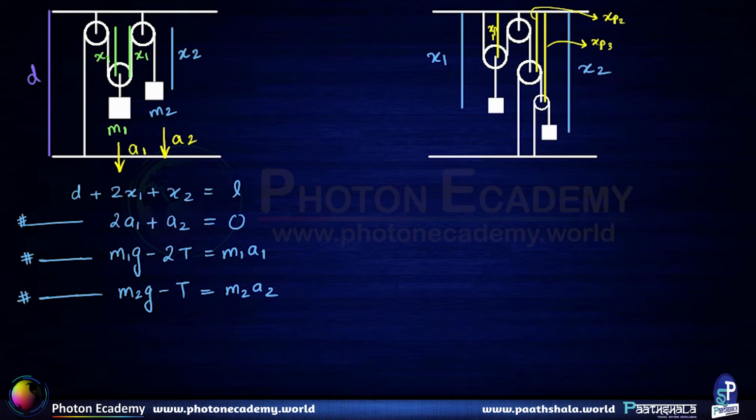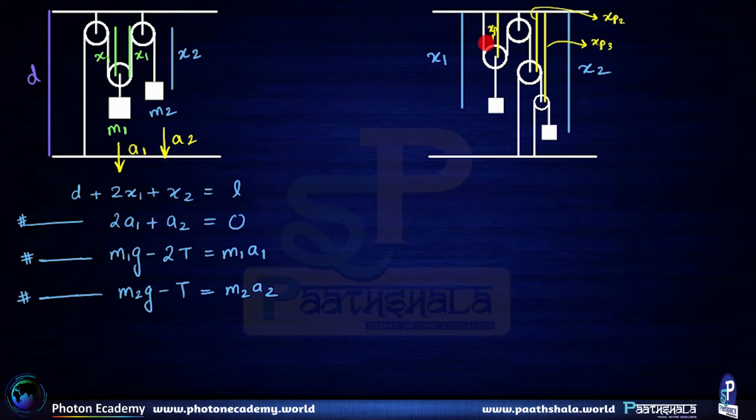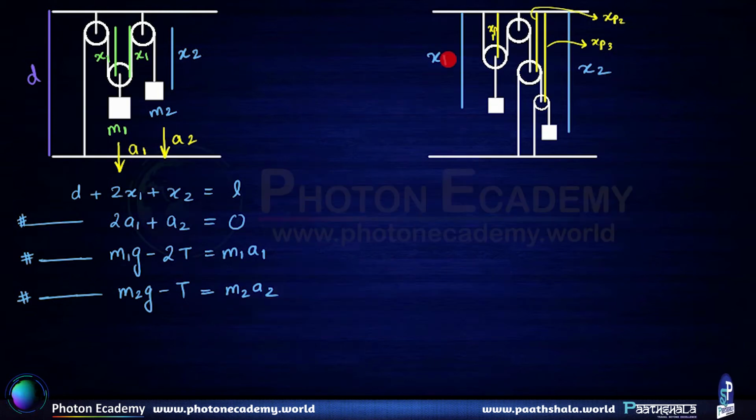This particular part of the string is nothing but xp1. Also xp1 is rigidly connected to the mass m1, so xp1 varies as x1 varies. So we could just replace xp1 with x1 in our calculations.